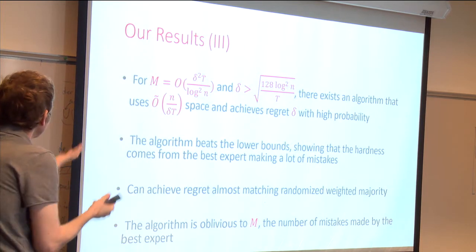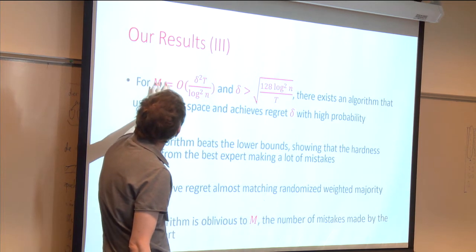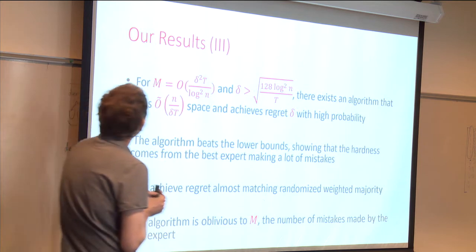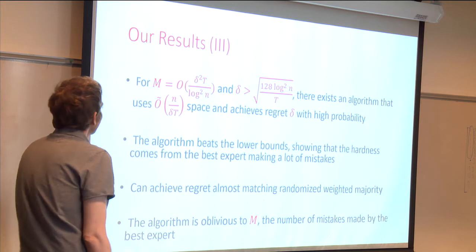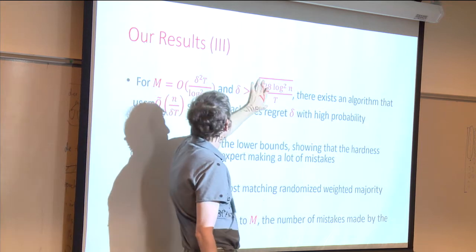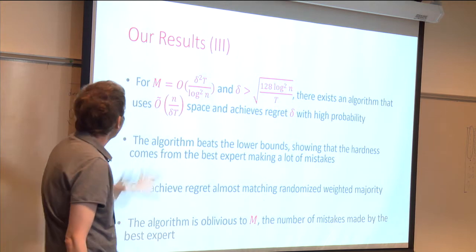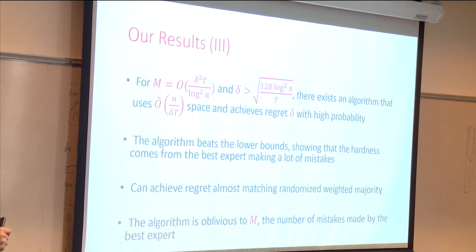So what it says is that if the number m of mistakes of the best expert is at most roughly delta squared t, and the regret is at least roughly the information theoretic minimum, then there's an algorithm that uses n over delta t memory. Okay, so let me parse this.